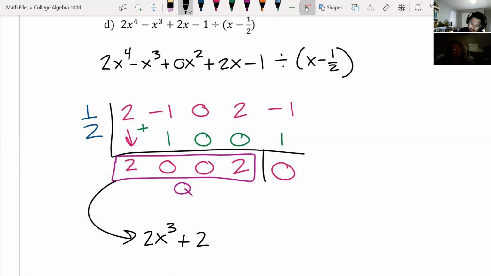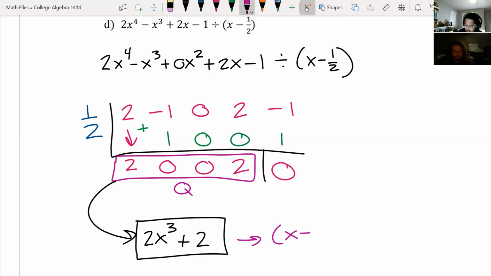That's it. 2x cubed plus 2. And since we have a remainder of 0, this means that x minus 1/2 is a factor.